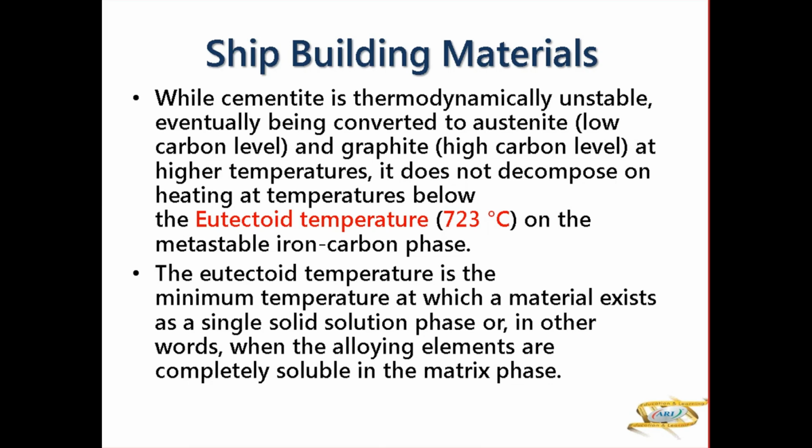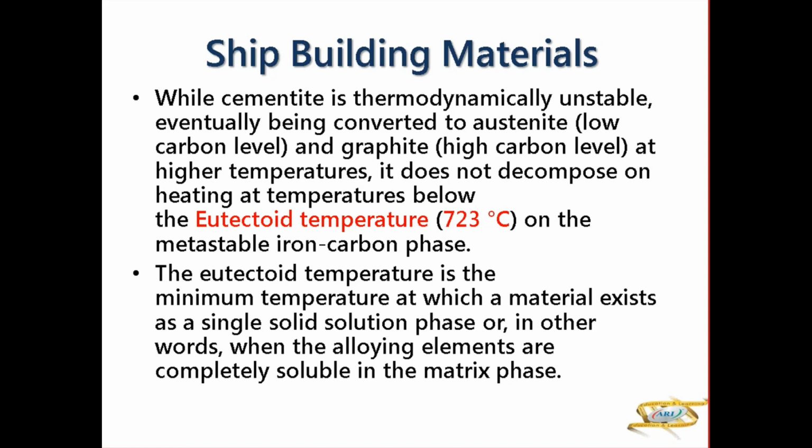Cementite is thermodynamically unstable, so it changes to pearlite and austenite depending on what kind of heating is done. There is a temperature in iron known as the eutectoid temperature, which is around 723 degrees Celsius.